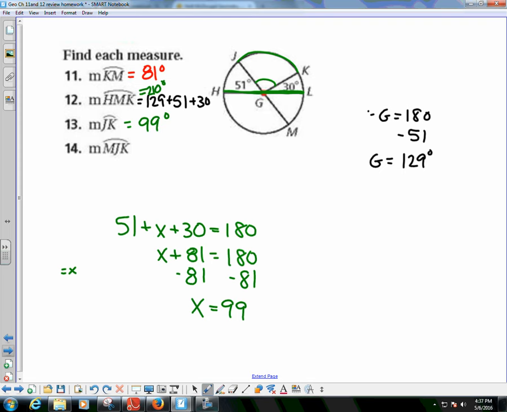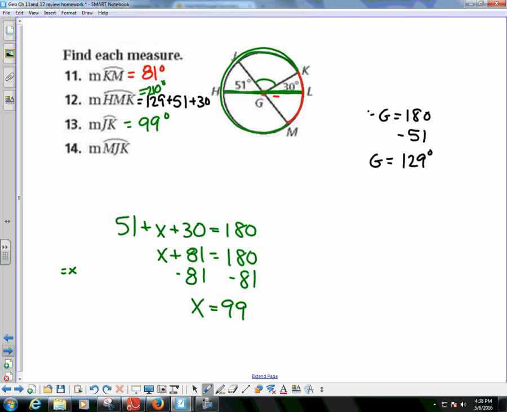Lastly, I need to find the measure of arc MJK. MJK starts here and goes all the way around to there. Well, one of the things that we found out was we could take 360 and subtract this.